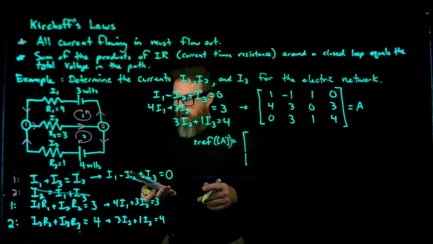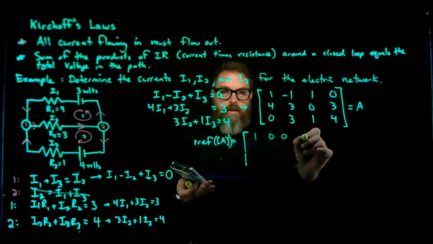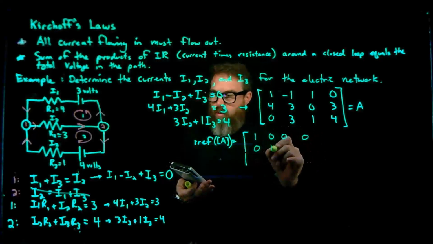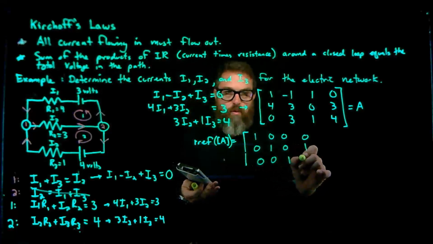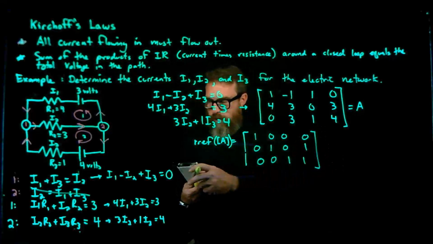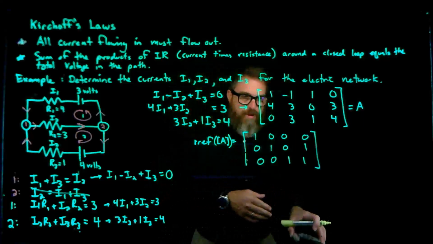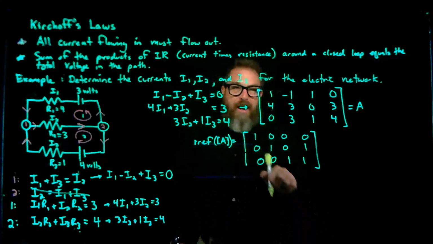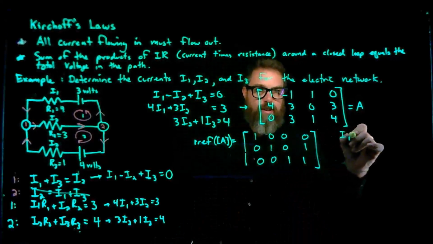So enter, we get 1, 0, 0, 0, and then 0, 1, 0, 1, and then 0, 0, 1, 1. And let's see what that says. Well, it's kind of interesting. Remember, this says I1 is simply equal to 0.